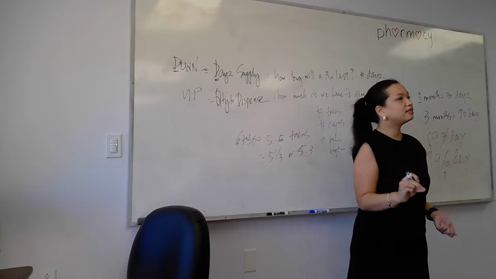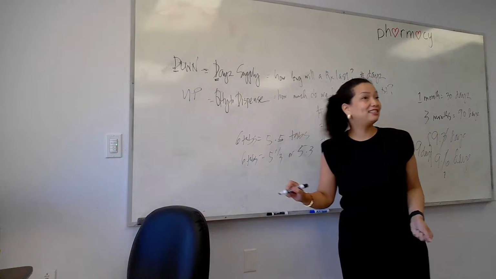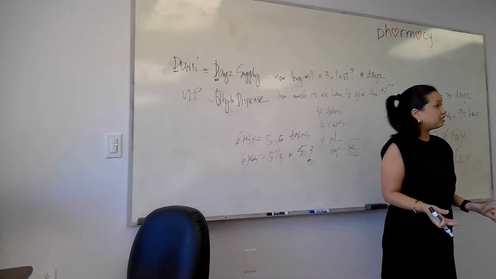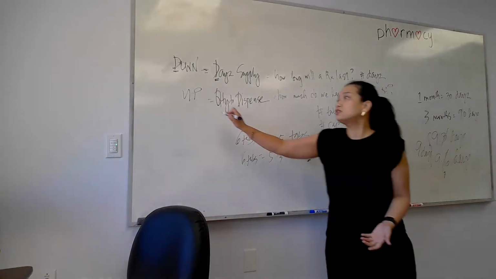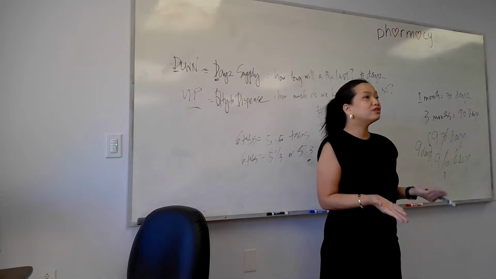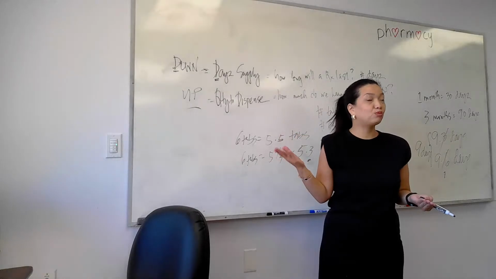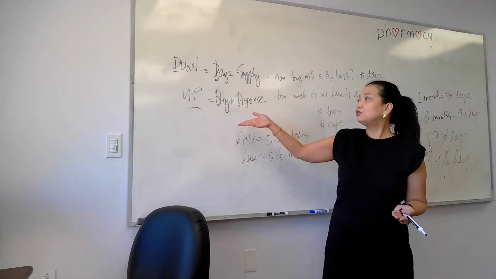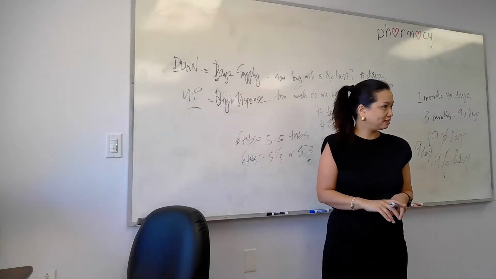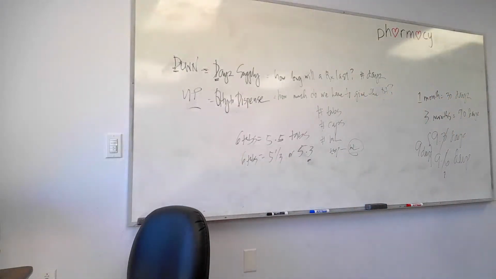What should it be? 6 tabs. Still, even if it's less than 5, because the rule is round up. Are we clear? This has to do with insurance, because you don't want to short the patient with their drugs. These are some of the examples.